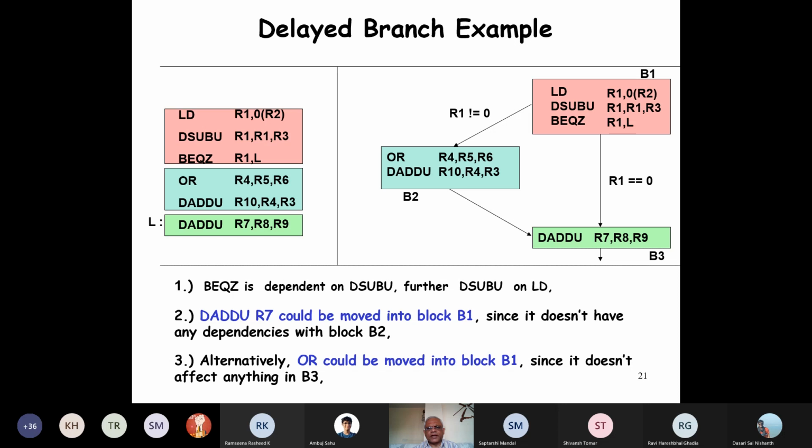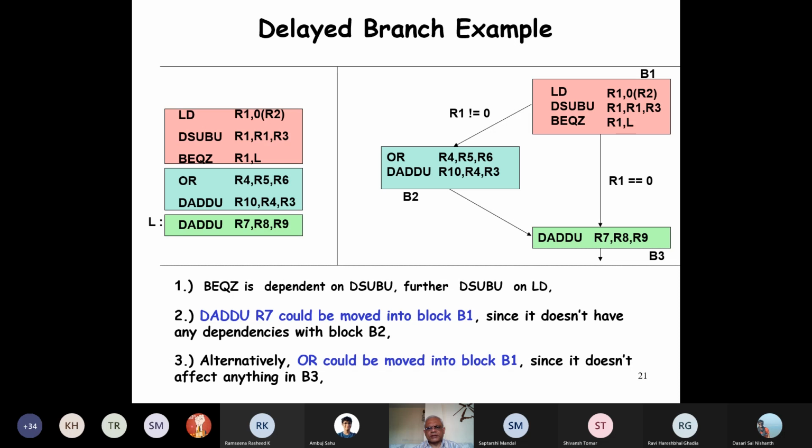But if R1 is not equal to 0, so that is the target path. Sorry, R1 equal to 0 is the target path, and this is the fall through path, R1 is not equal to 0. Now, can we put some instruction here, assuming that only these are the instructions there, there are no further instructions after DAdd?